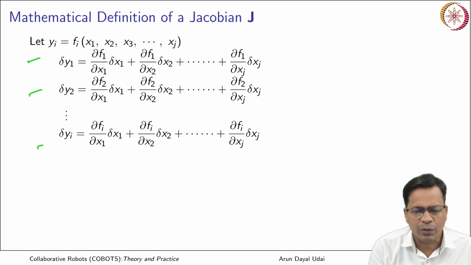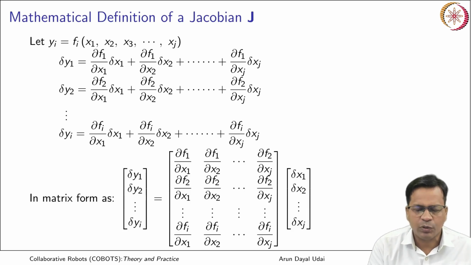Delta y is equal to del f by del x1 delta x1, plus del f by del x2 delta x2, plus so on till the end. Similarly, if there are multiple outputs related to the same inputs, x1, x2, x3, x4 and so on, they can all be written like this.